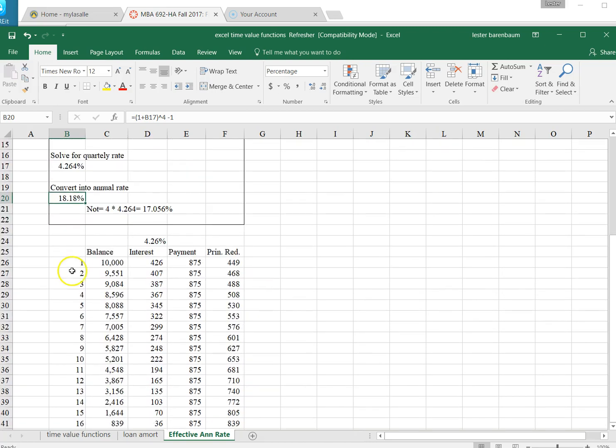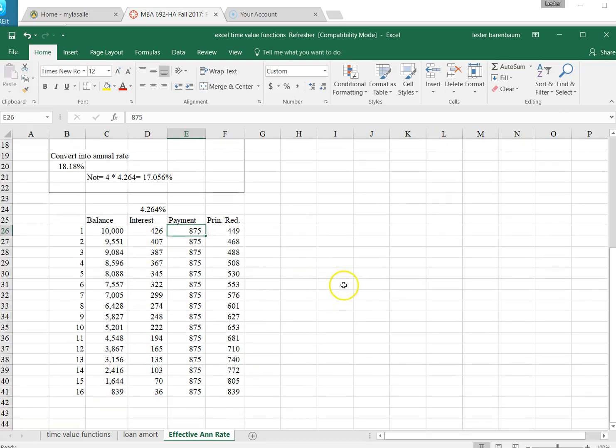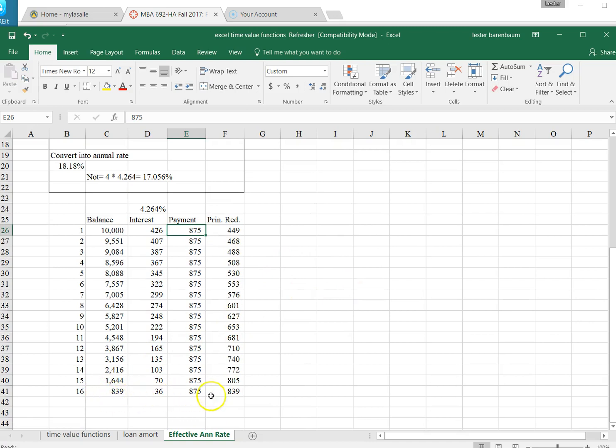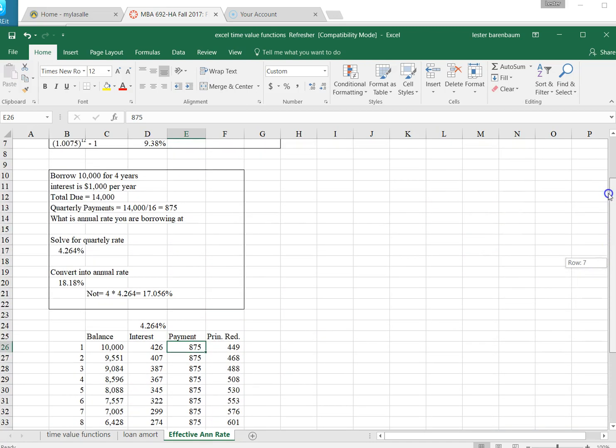And just to prove that out, here's the quarterly interest of 4.264% with the loan balance of $10,000, the payment, a review of the amortization, and again, after 16 quarters, the loan is fully amortized.